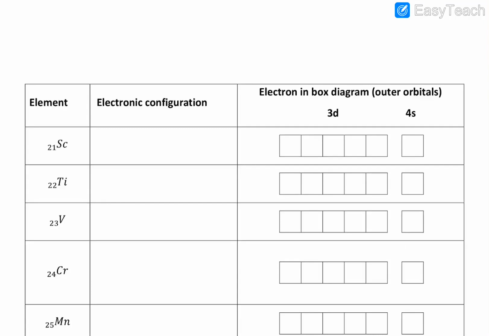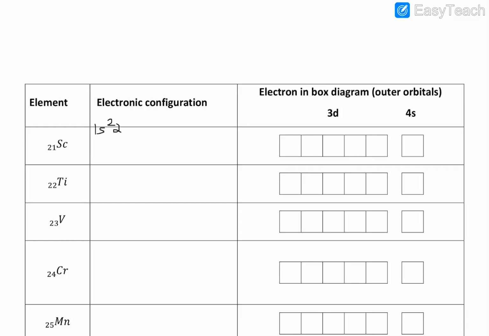Now let's see for the D block elements how we're going to fill in. So scandium, 21 electrons. So 1s2, 2s2. I'm going to write for everything. I'm not using Ar for now.